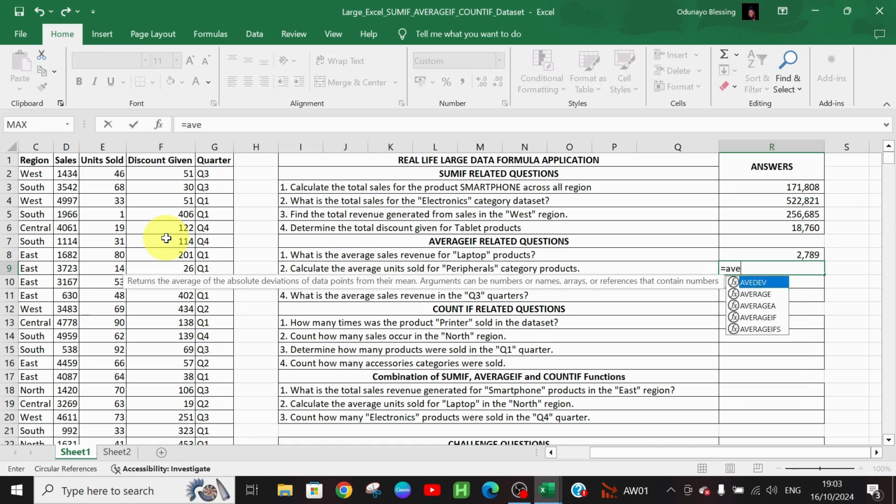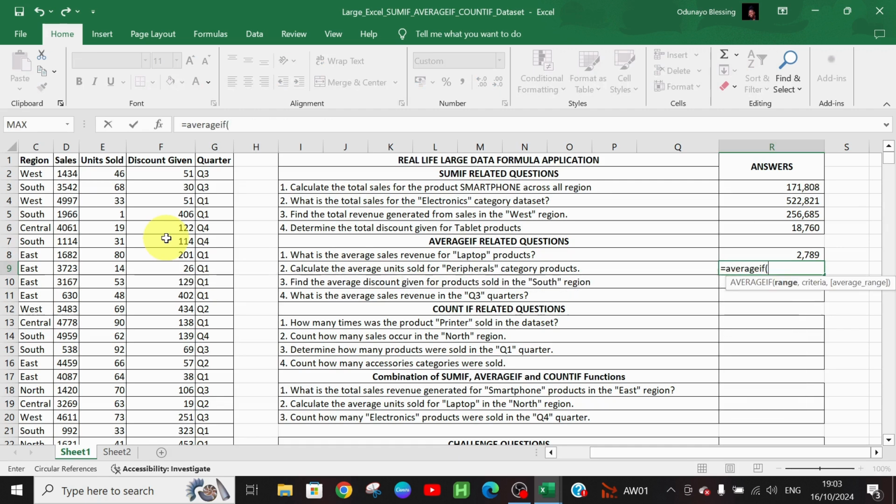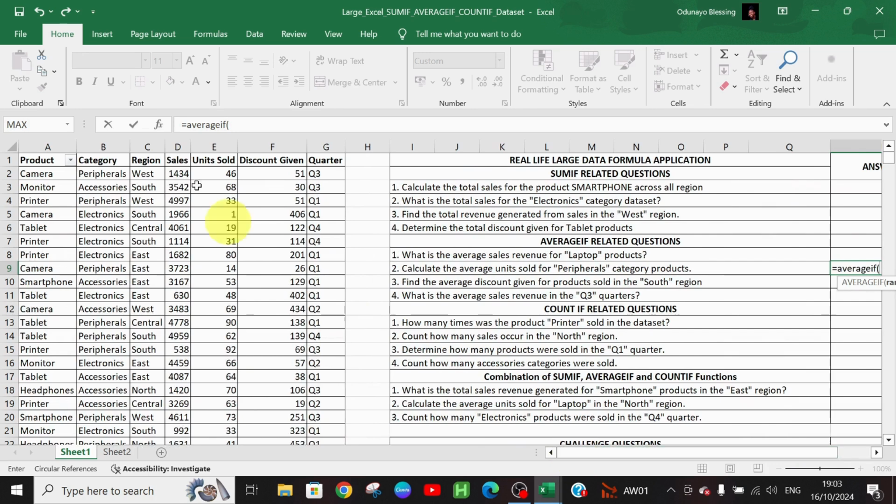Now equals AVERAGEIF for the average units sold for the peripherals category. We already know that this is going to be B2, because B speaks to the category, and B2 is where the data starts from, and it ends at B501.